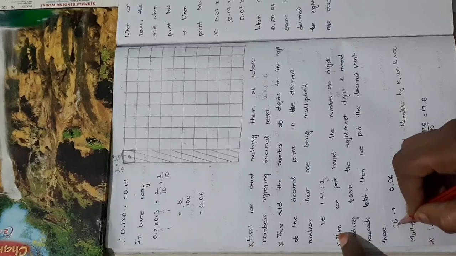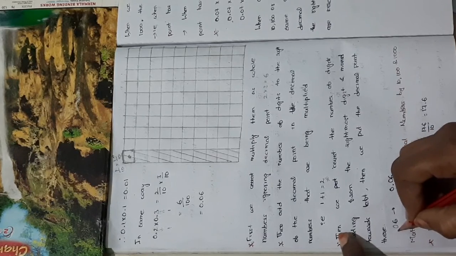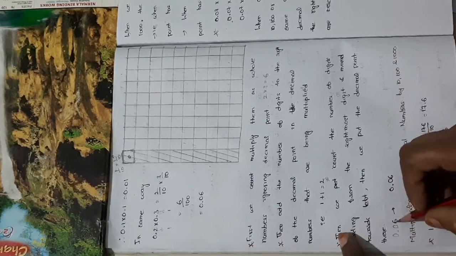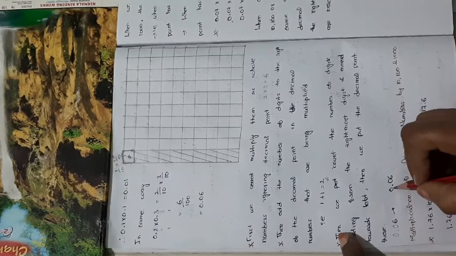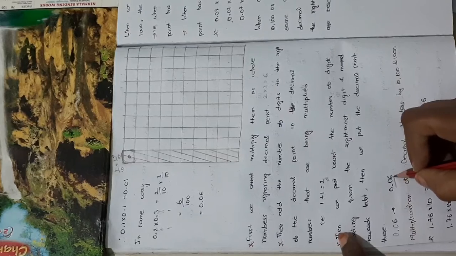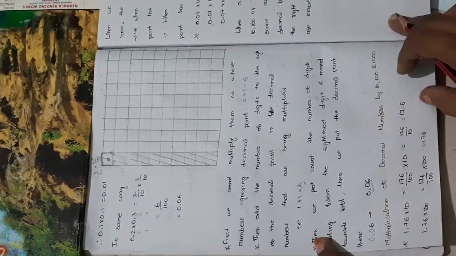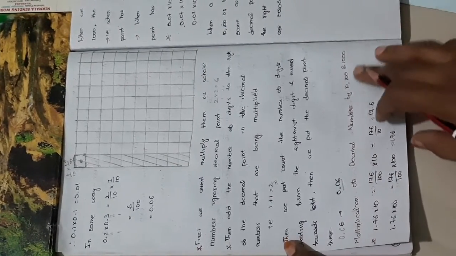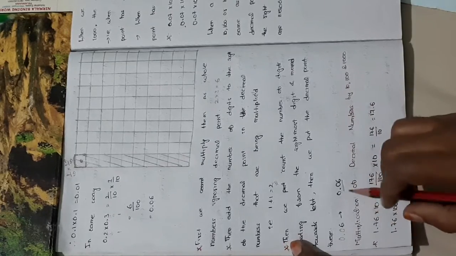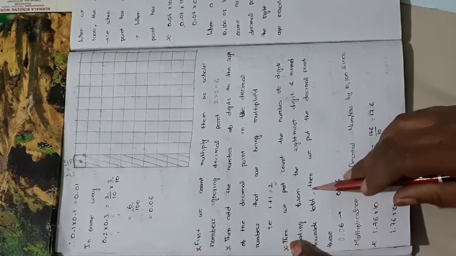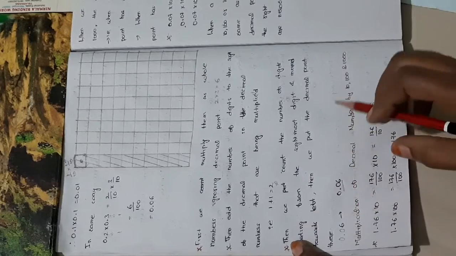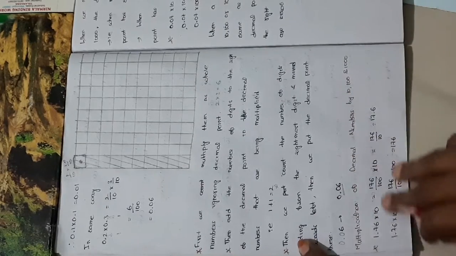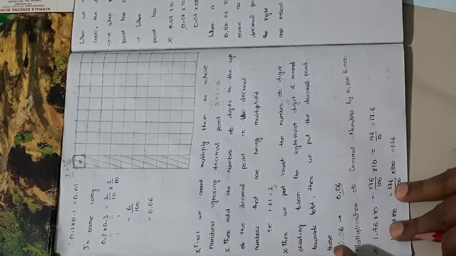After this we get 2 digits, therefore we put the dot here. So the number becomes 0.06. In the same way, you can put the dot by counting the number of decimal places in the given numbers, and do the remaining multiplications also.